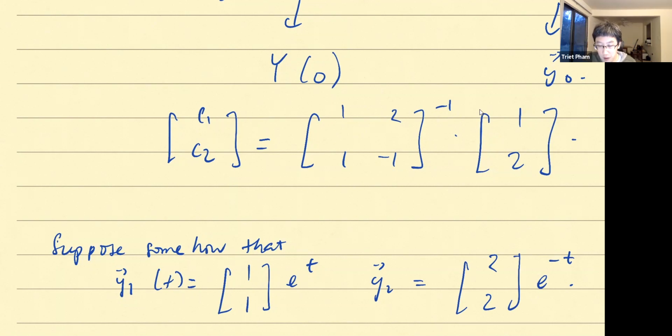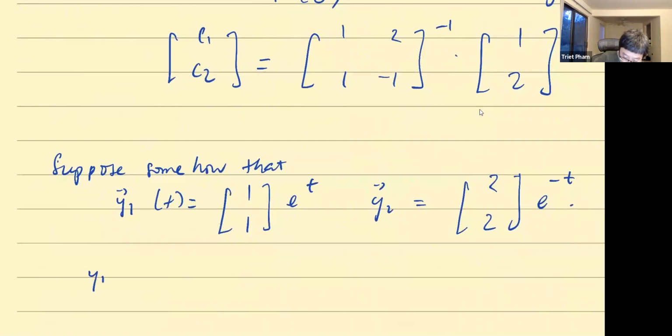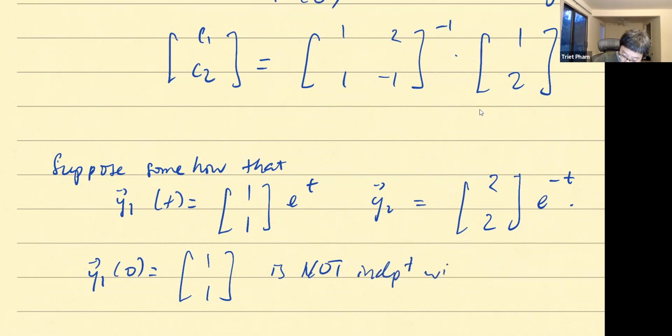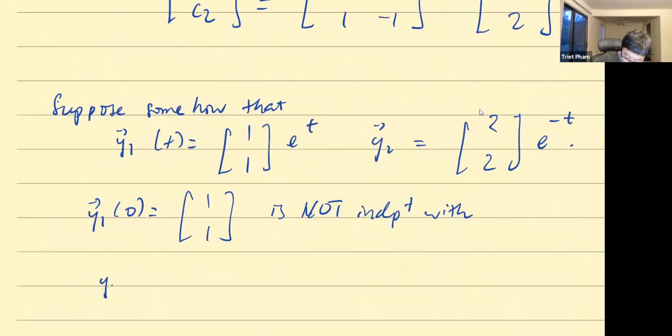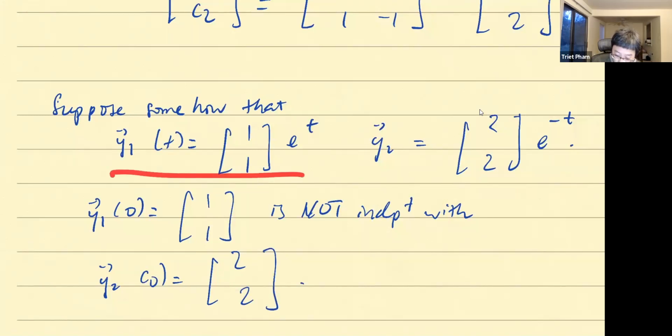Why? Because if you look at y1 of 0, it is not independent of y2 of 0. In other words, these are not two proper solutions. You made a mistake somewhere down the road where you constructed something like this.